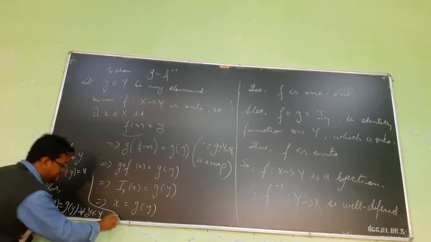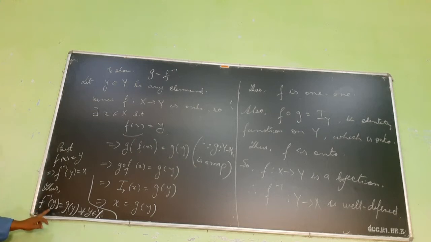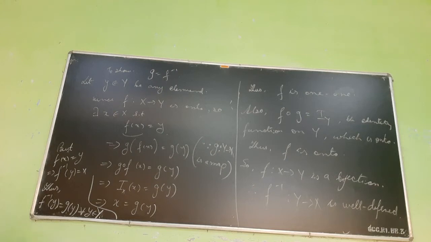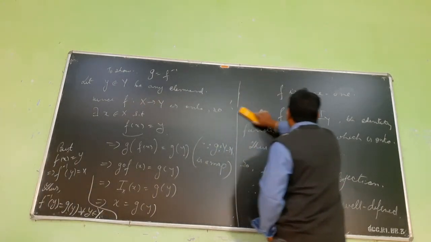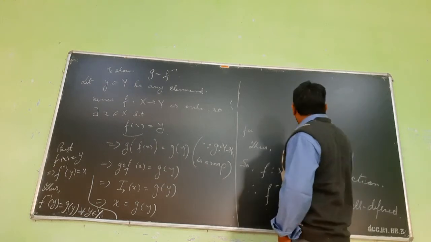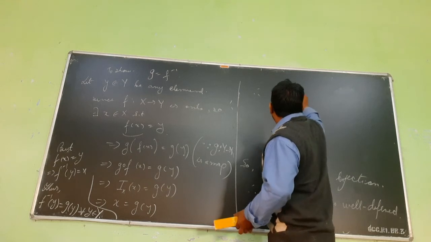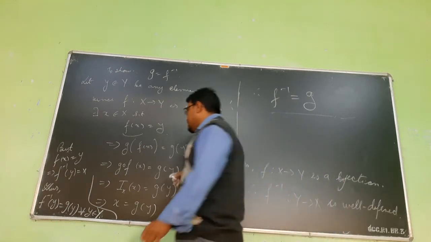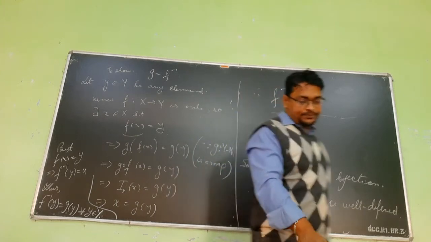I started with an arbitrary element of Y, so I have shown that f inverse y is same as g of y for every y inside Y. So these two functions have to be equal. Our conclusion is therefore that f inverse is same as g. So this actually serves as an alternative definition of the inverse of a function.